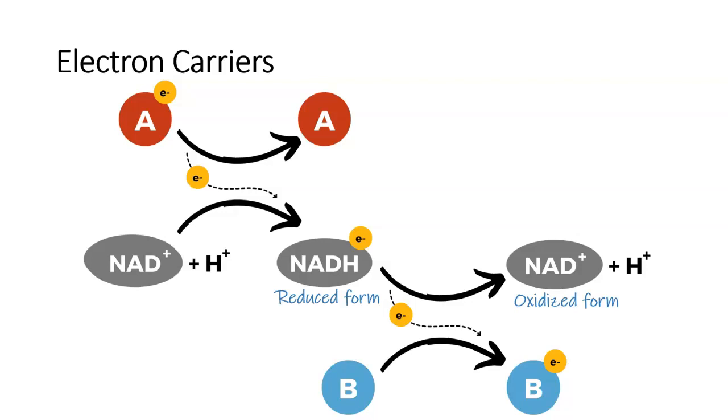If the electron carriers can't get rid of their electrons, then metabolism can't continue, right? There has to be a flow of electrons away from those electron carriers to their final destination, what we call the final electron acceptor. So that's important to keep in mind as we go forward.